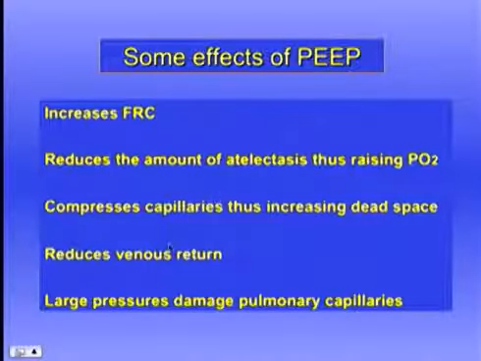You can also reduce venous return, because when you increase the pressure within the thorax, which is what you're doing, you're tending to impede venous return to the thorax. And finally, something that's been emphasized relatively recently is that large amounts of PEEP with the associated high lung volumes can damage the pulmonary capillaries. And we actually mentioned that earlier on.